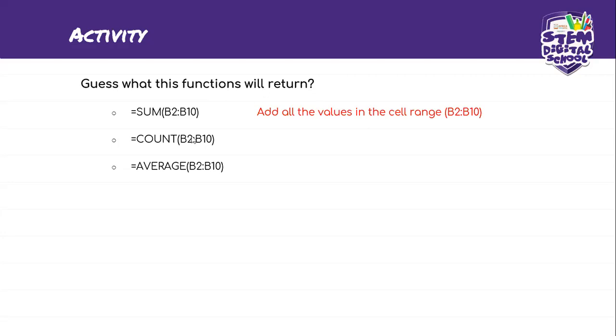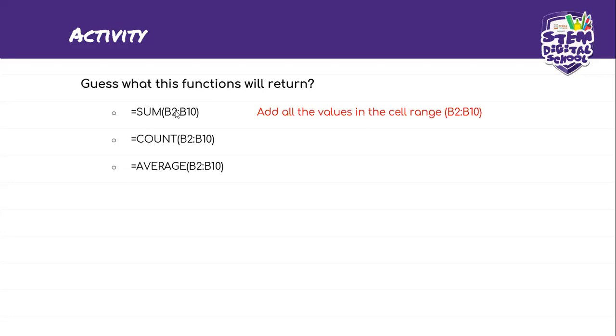So my answer was, if the function is sum, the argument was B2 to B10. So this person was calculating the total, adding all values in the cell range B2 to B10.